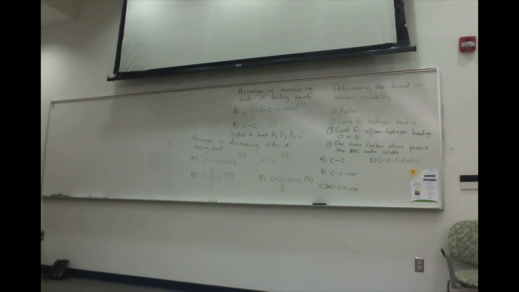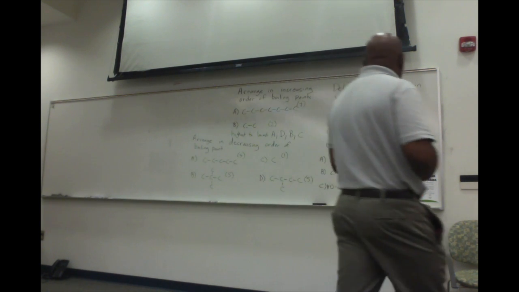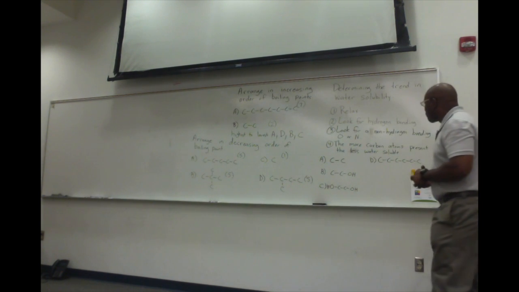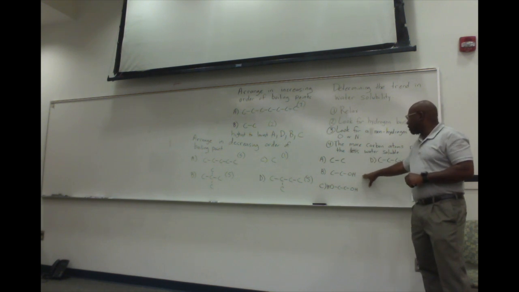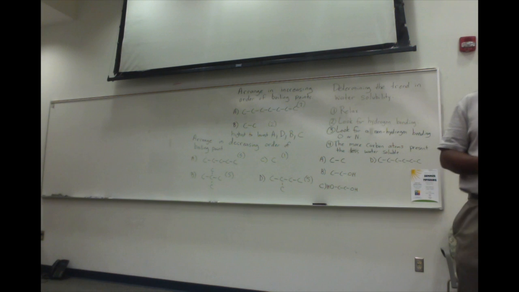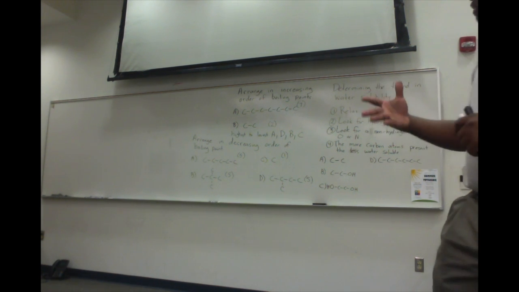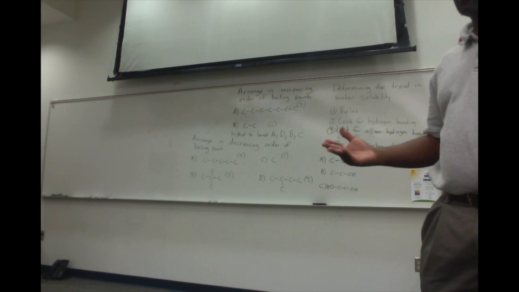So D will be the least water soluble, followed by A, B, and the most water soluble would be C. Because C is most water-like, has the most OH groups, most polar-like.